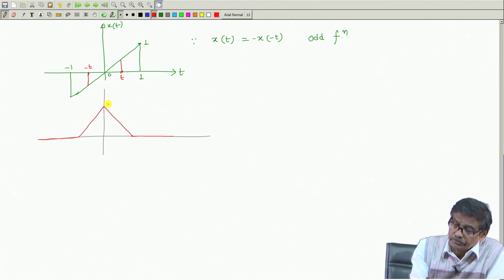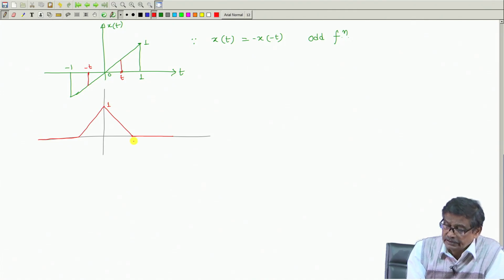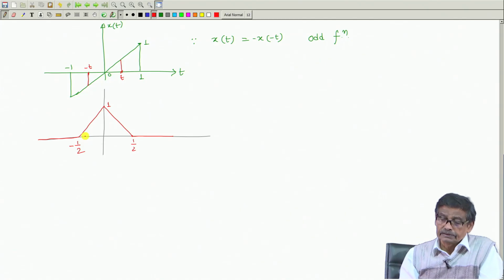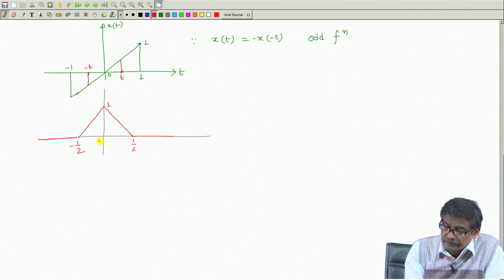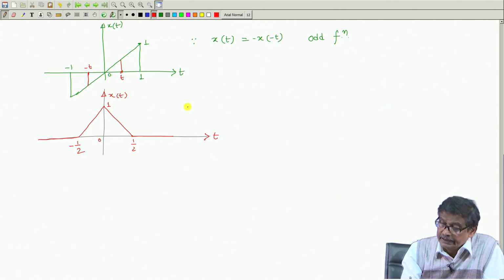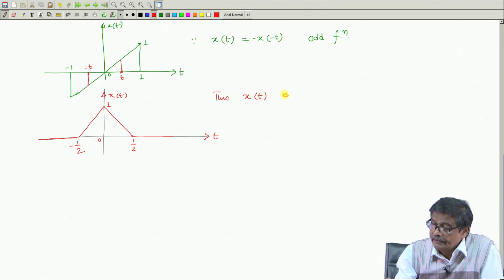This is suppose 1, this is half, this is minus half. Suppose it is a function like this. Whatever this function is, that function I am calling x(t). This x(t) is an even function.